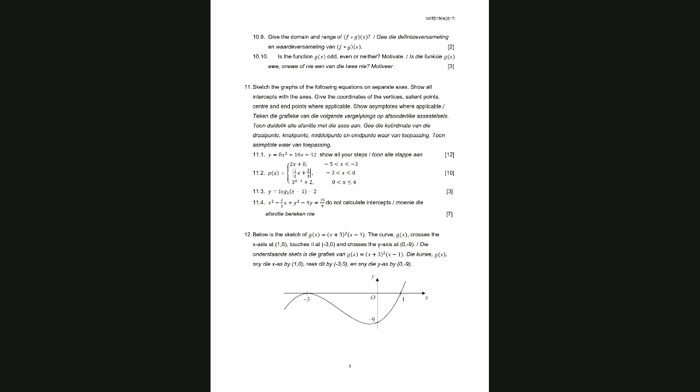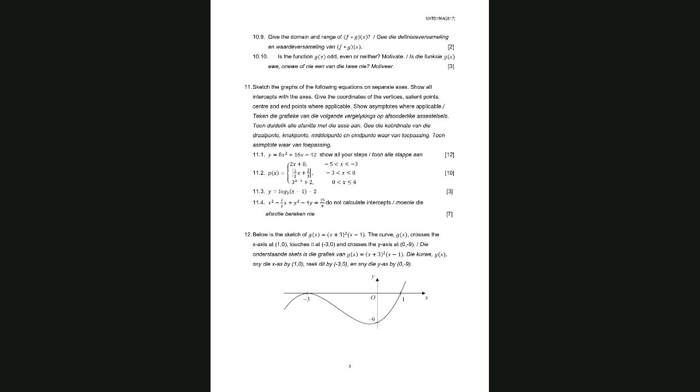Okay. Let us look at question 12. It has got remnants of unit 3. Question 12 shows that below is a sketch of a graph g of x. Please, can we all see? If you can't see, you can just zoom your screen.